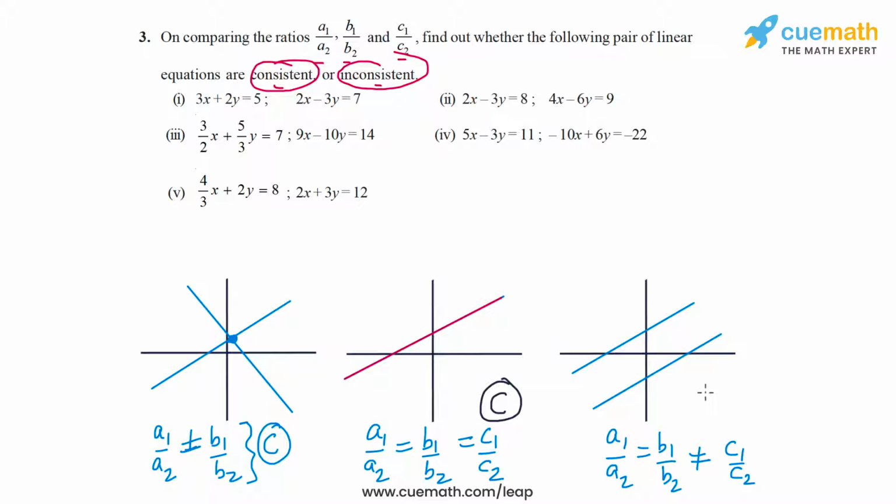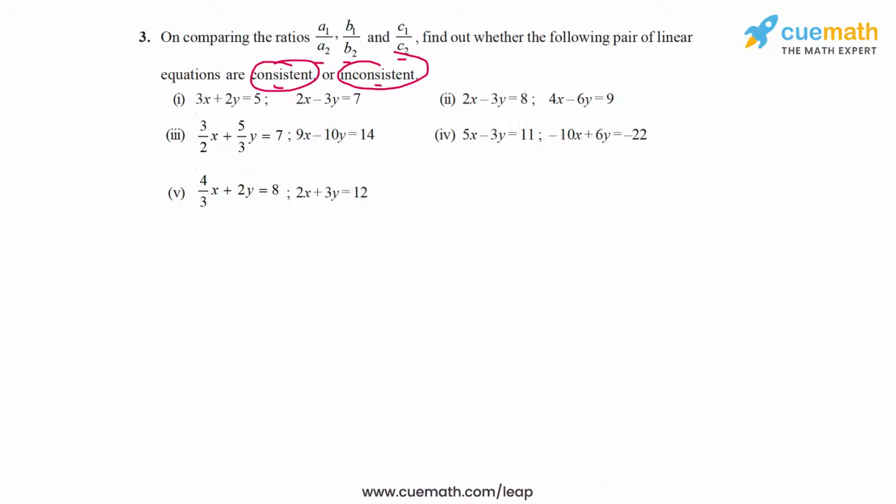So this pair will be inconsistent. So in the first two possibilities, the pair of equations will be consistent, and in the third possibility, the pair of equations will be inconsistent. Now let's apply these ideas to each of the given pairs of equations and find out whether they are consistent or not.